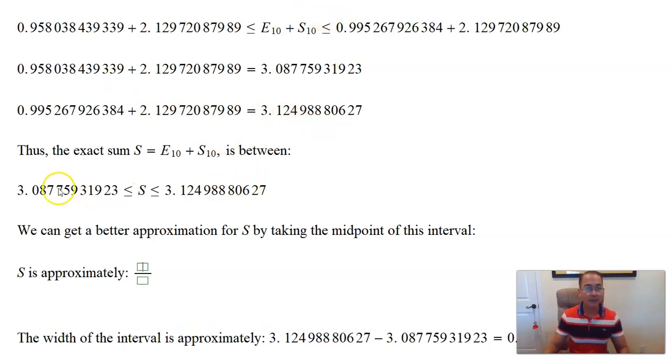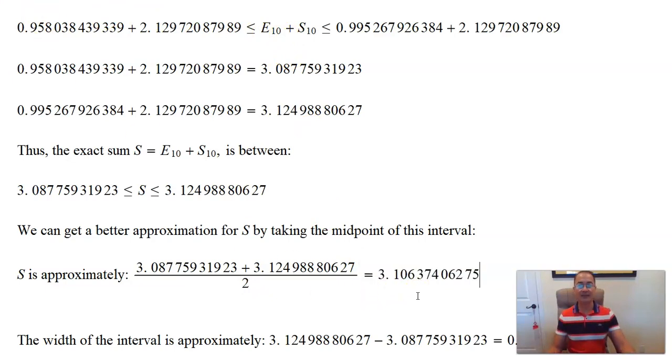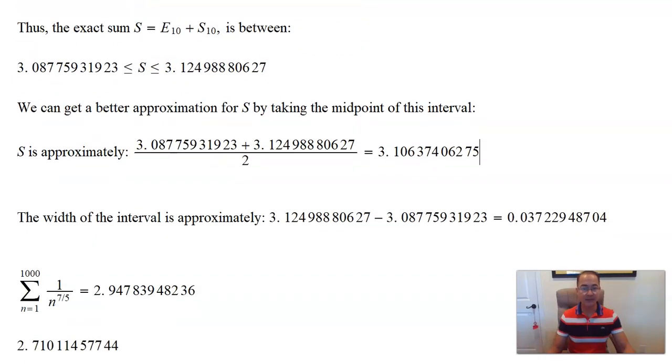Midpoint formula, we will take the average, add the endpoints together, and divide by 2. Add these two, divided by 2, which is approximately 3.106.